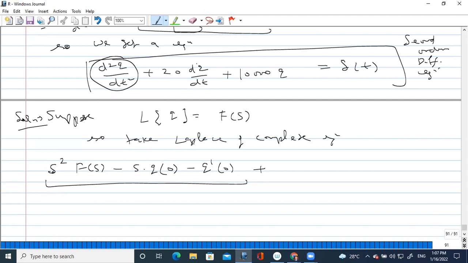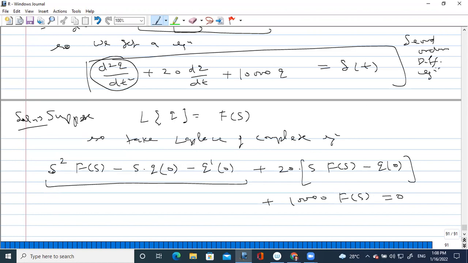Now plus this is first derivative, so here also 20 into s into fs and minus q0 will be there from here. Understood? This formula we have done already, and plus Laplace of this, so this will be 10,000 fs, that is equal to 0.